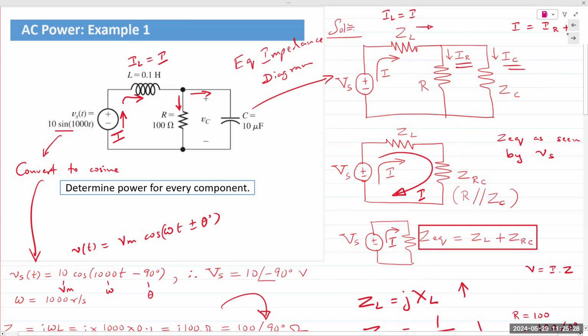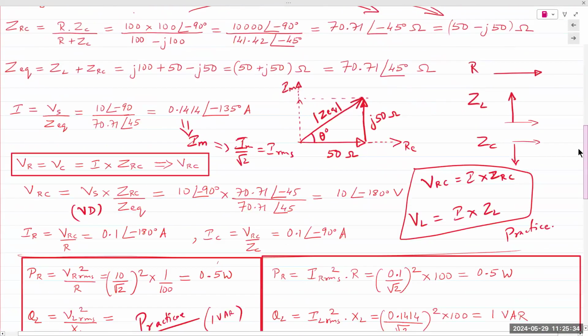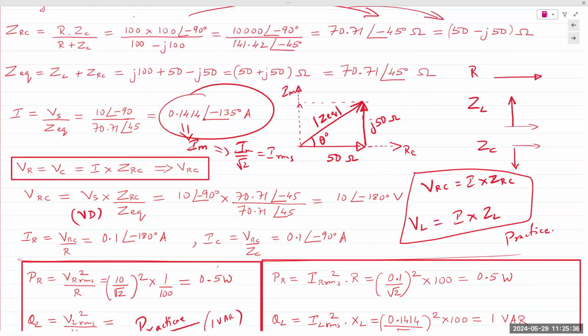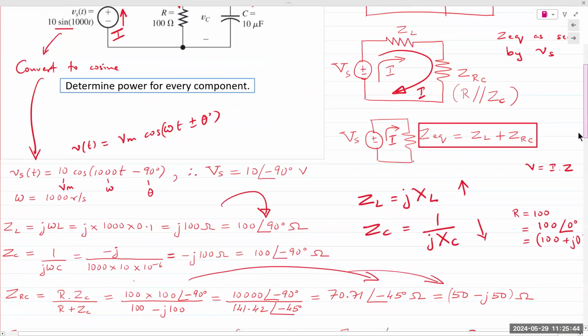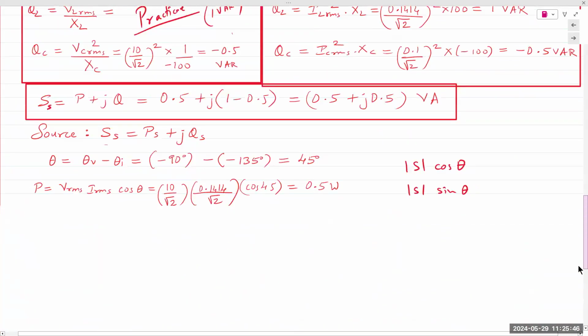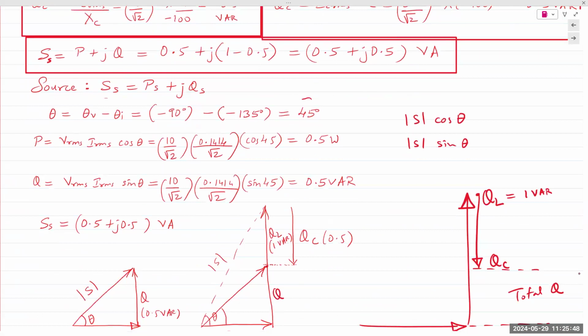Source voltage is given to us, and source current is something we calculated, which is right here. So we have the magnitude, we have the phase angles, we calculate the power angle for the source, theta V minus theta I, which gives us 45 degrees. That's the power angle for the source, 45 degrees.